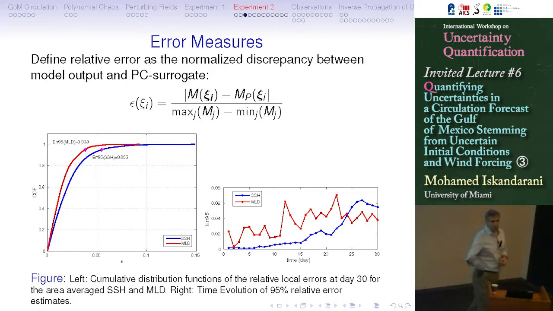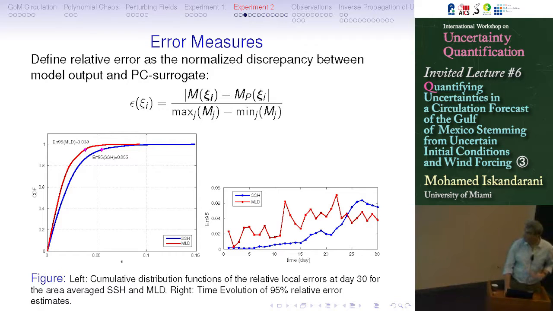So we're able to validate that the series is reliable for these quantities. And here you see the evolution of this error in time as well. It starts very small and then grows. So our series is good for 30 days. That's good. So we're going to do our analysis for those 30 days.